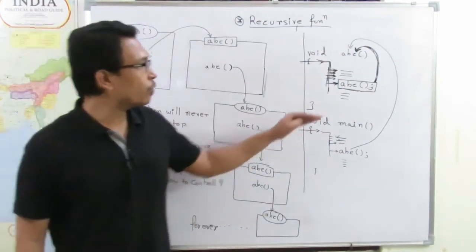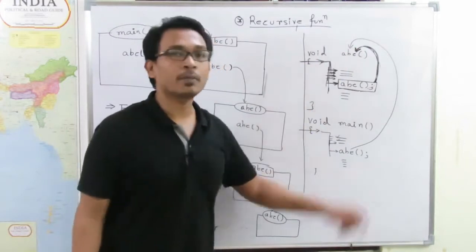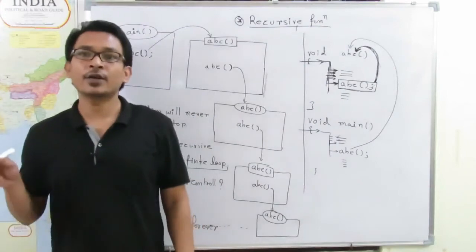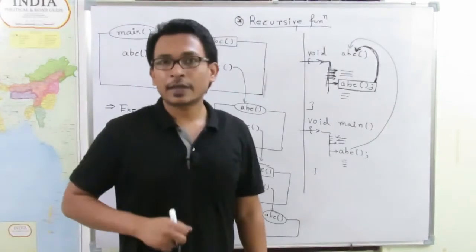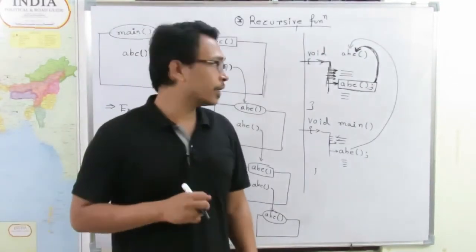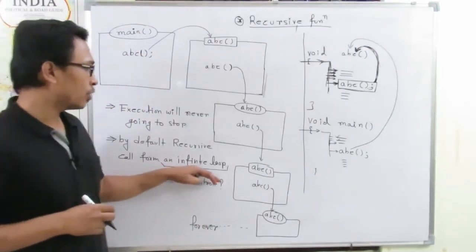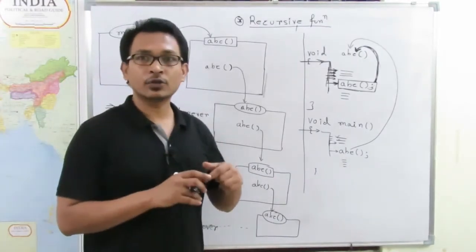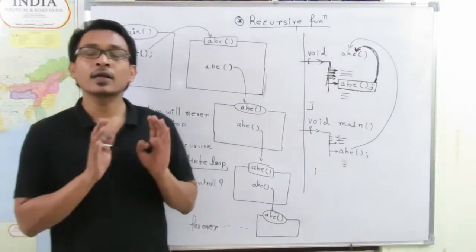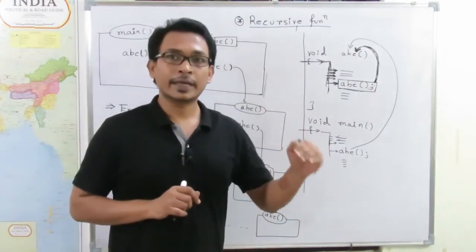Now how do we control this program execution? That means how can we control the execution of the program so that it will never enter into an infinite loop, that is, infinite repetition of execution will never occur? How can we do that? To control the infinite loop execution of the recursive function call, we need to use a termination condition before we use the recursive call.